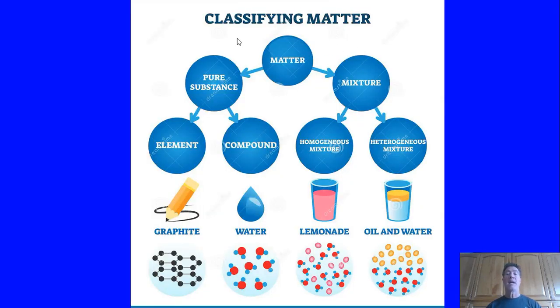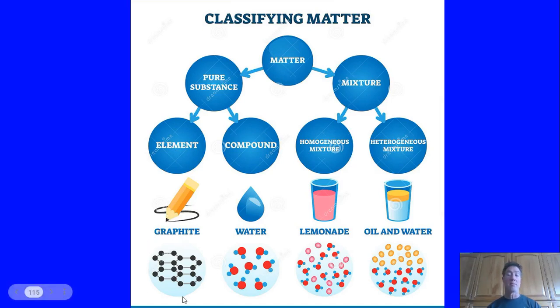So here is a flowchart for helping to classify matter. Matter is anything that has mass, and that matter can be a pure substance or it can be a mixture. If it's a pure substance, then it's either an element, like graphite.